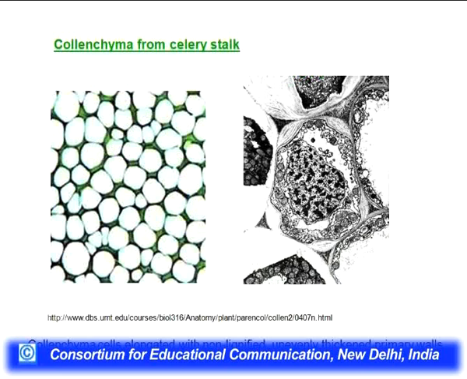Now, coming to collenchyma. Collenchyma is another supporting cell type. You can see the cross section of collenchyma on the left side. You will notice here that unlike parenchyma, these cells are thicker.